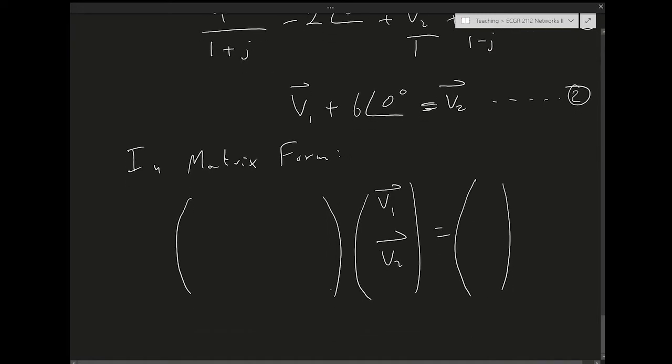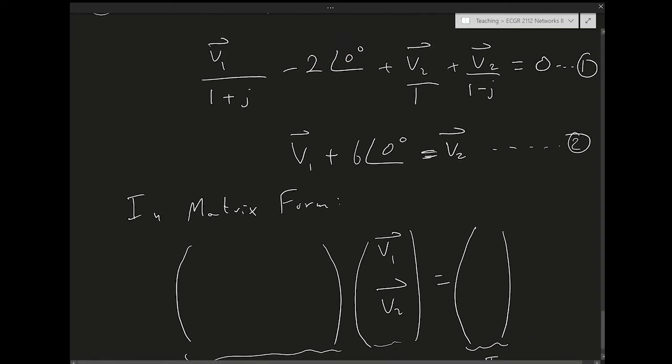I'll name the matrices and the column vectors in a suggestive manner. This is V, so I'll name this Y. Y times V gives me I. I'll name this I. That doesn't mean that this is necessarily current or this is necessarily admittance. This is just how I named those matrices and vectors.